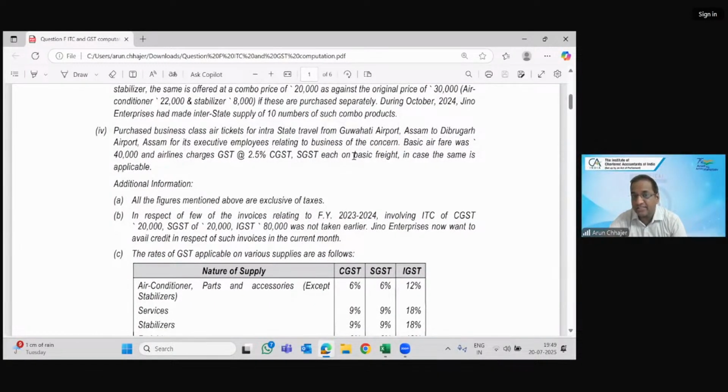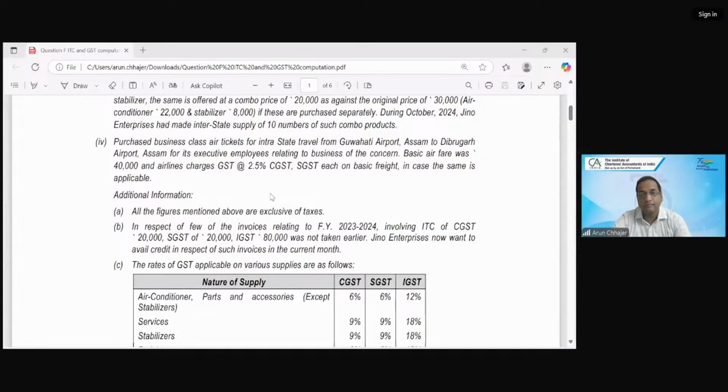Basic fare this much, GST this much. If applicable, tell me, is it an exempt supply or a taxable supply? Tell me first.